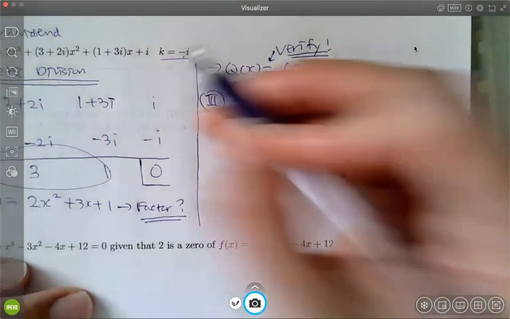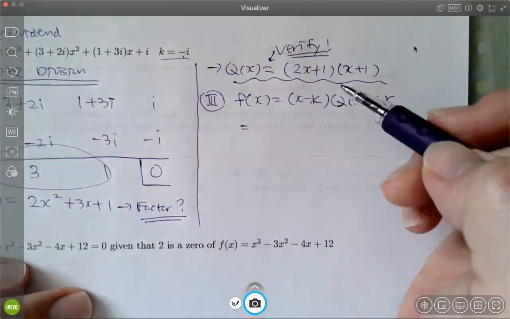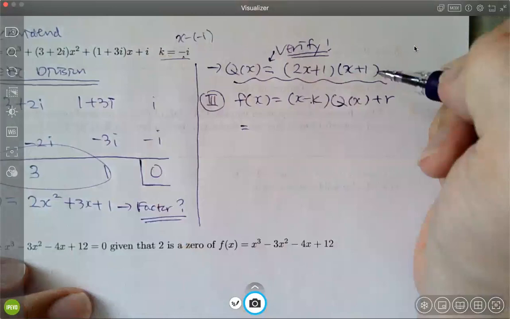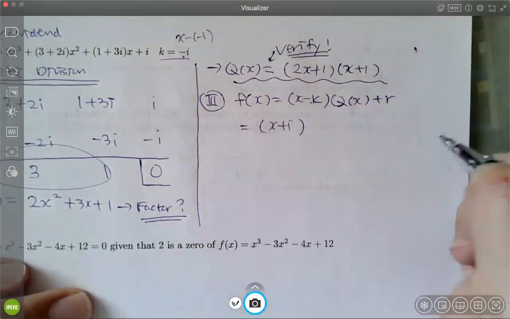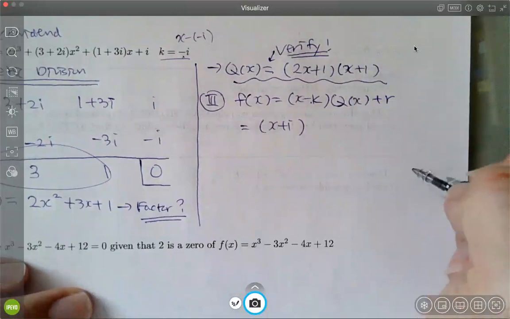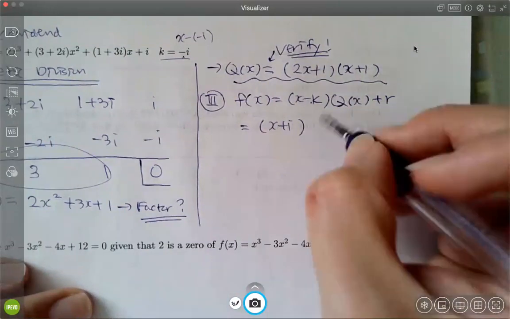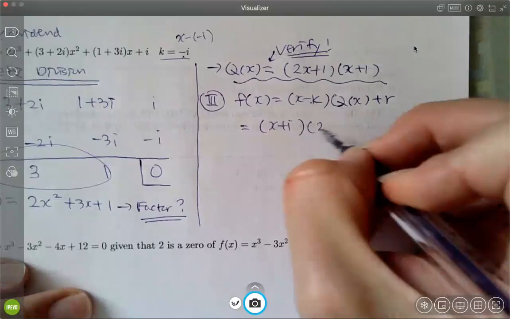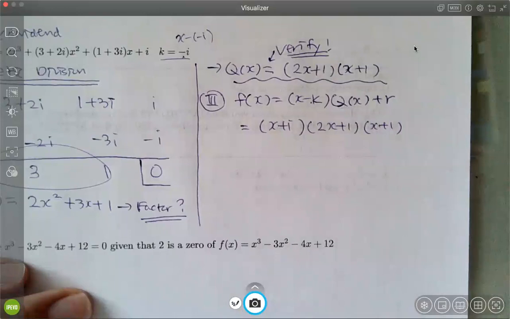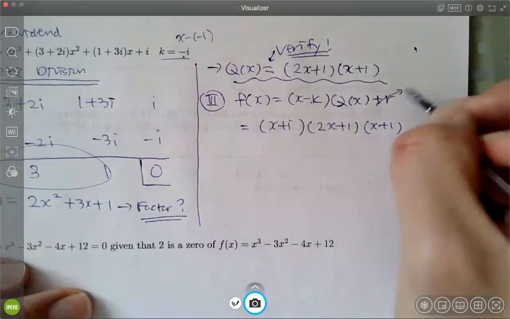So it's x minus negative i. What does that mean? It's x plus i. So be careful when your 0 involves the negative sign. And then the quotient, which we have already factored, is 2x plus 1 times x plus 1. And then the remainder was a 0. So that's it.